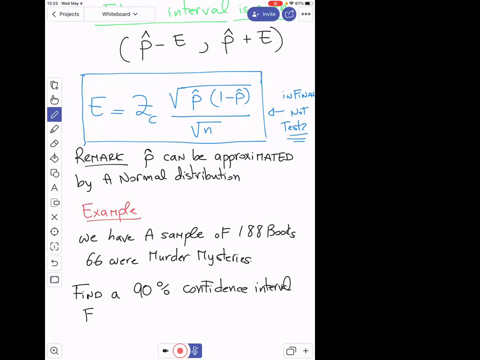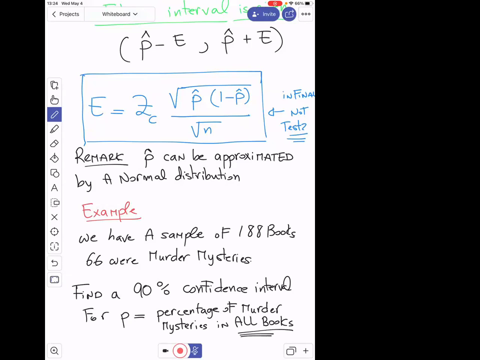for P, the probability of success P, which is the percentage of murder mysteries in all the books at this bookstore. As I said, this bookstore doesn't have just 188 books.